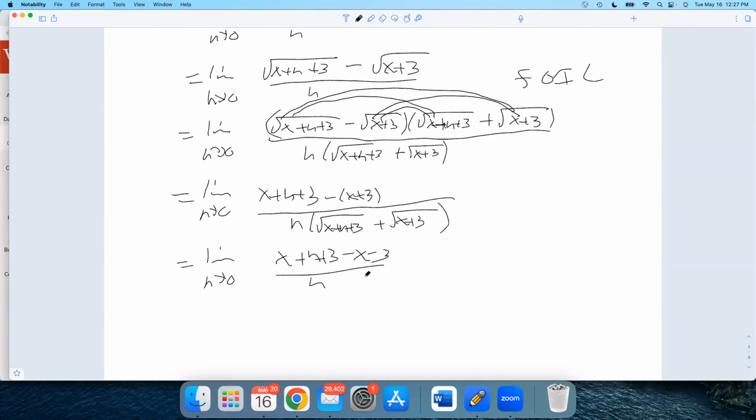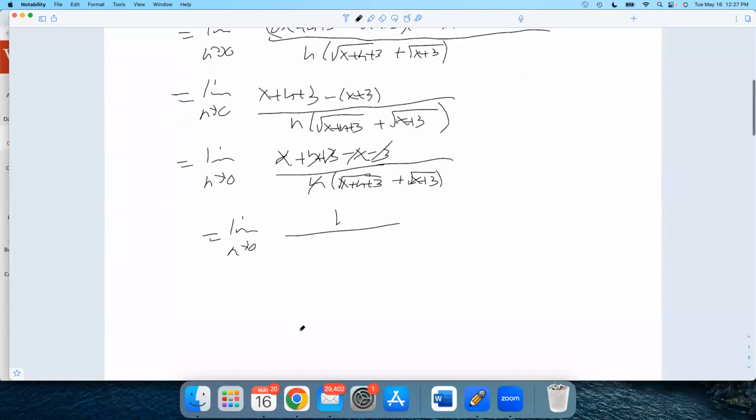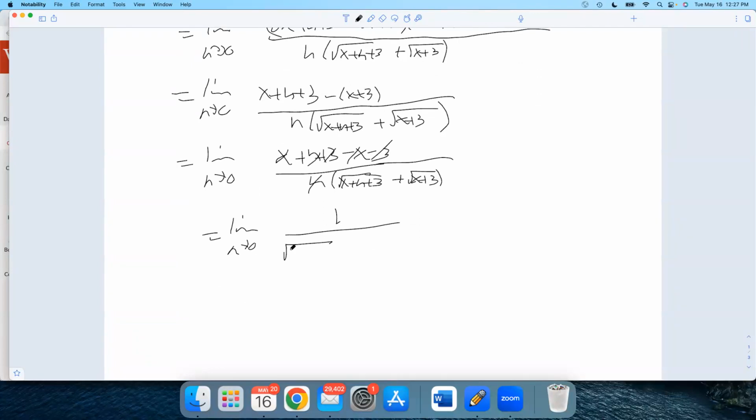So I'll get my parenthesis there. Still got all this junk down here. Okay, the 3's cancel. The x's cancel. I'm just left with h. That's going to cancel then this h. So I get limit as h approaches 0 of 1 over root x plus h plus 3 plus root x plus 3.